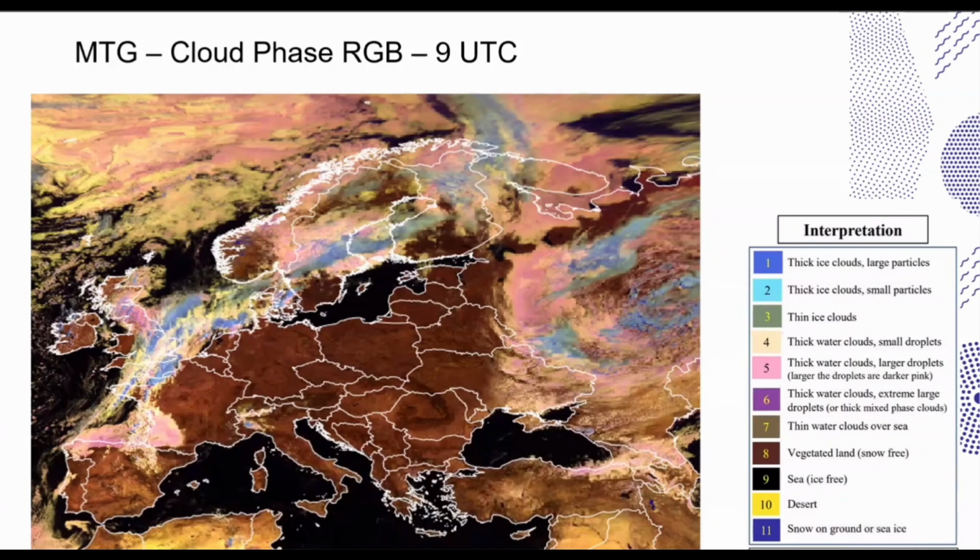And this one is a good product also to use when you are looking for convection, because when you have bluer colors, you will have some ice clouds, which indicates convection and updrafts in those areas. But remember that, for example, dark blue on the ground can also indicate snow. So you need to check where we have which kind of blue colors in the satellite imagery.